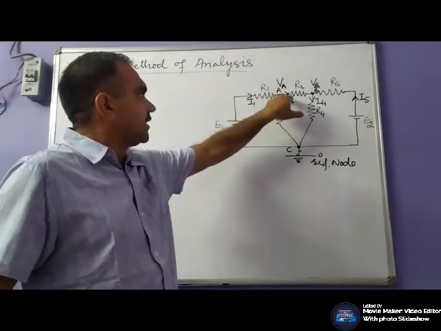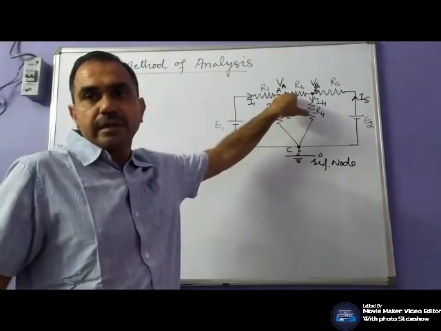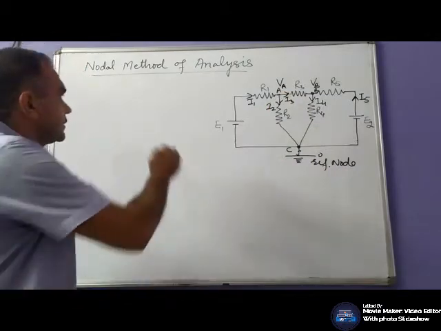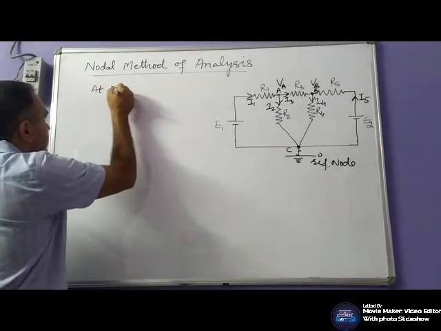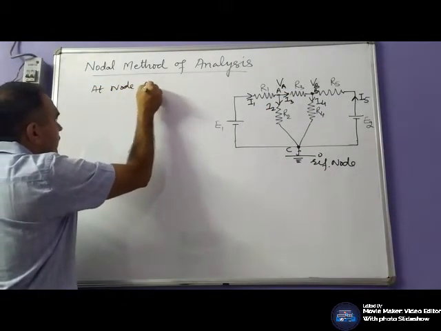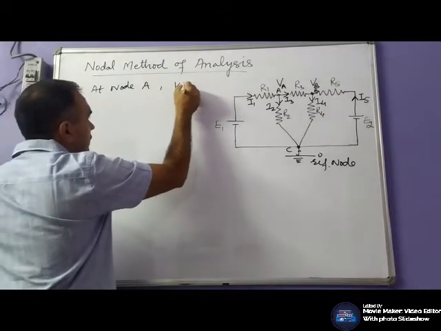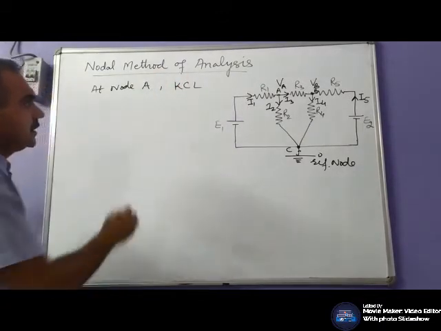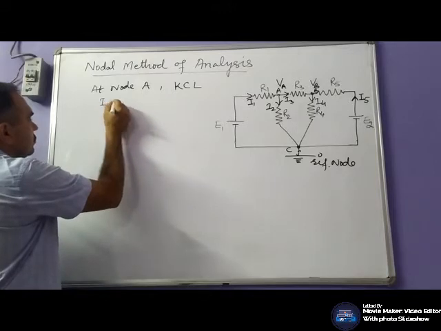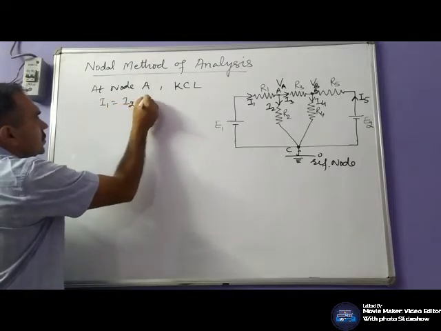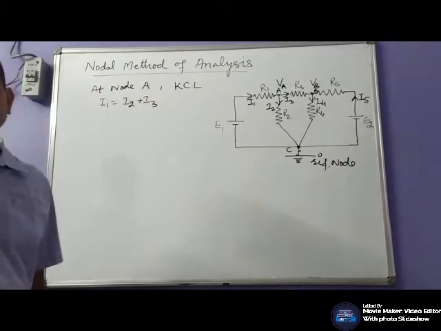Now at node A, apply Kirchhoff's current law, KCL. I1 is equal to I2 plus I3.